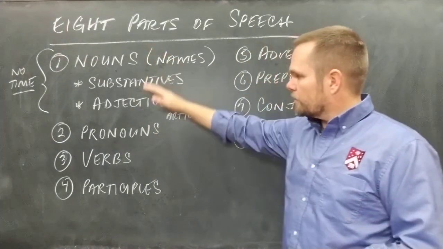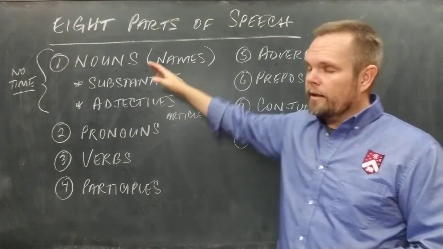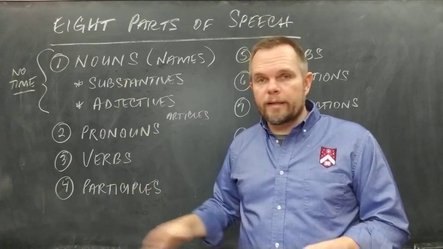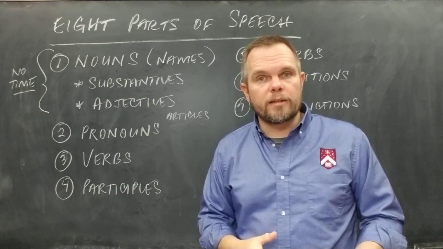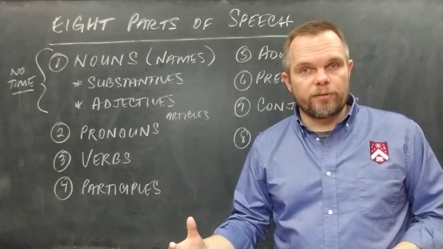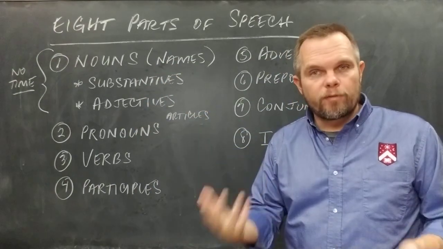So we've learned the first four parts of speech. The reason why I want you to keep these four together is that these four in most languages, including English, have different forms that need to be learned. Okay, these first four parts of speech have different forms.